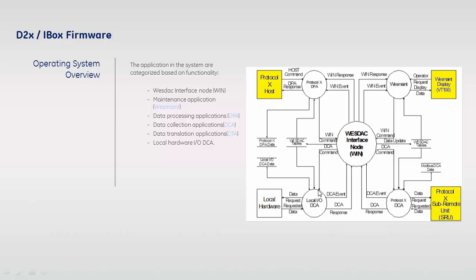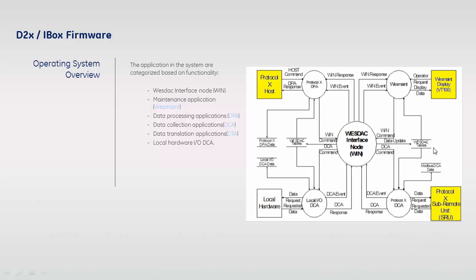We have a local application that's normally responsible for the processing of information coming from the local I/O cards. The local I/O cards can be either distributed I/O cards that are communicating to the main CPU, like in the case of the D20, it's application B003, or an application like in the D25, which is talking to the local I/O cards inside the box of the D25, and that's the plant I/O, or P097.